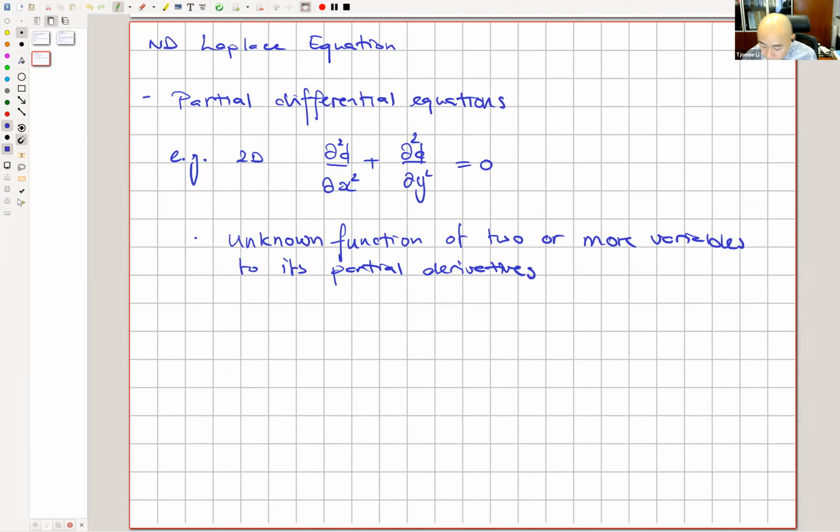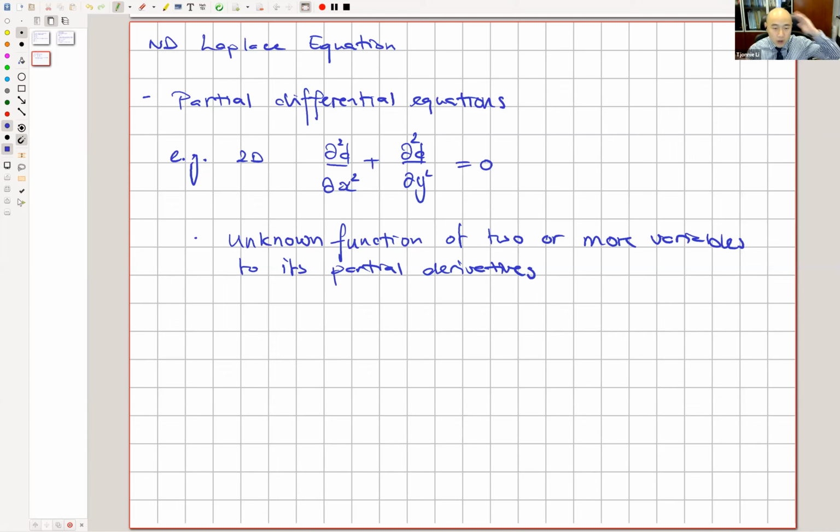So this basically gives me a handle on n dimensions, right? So instead of an ordinary differential equation, I'm now considering partial differential equations. And so how would I get a solution of this equation here?